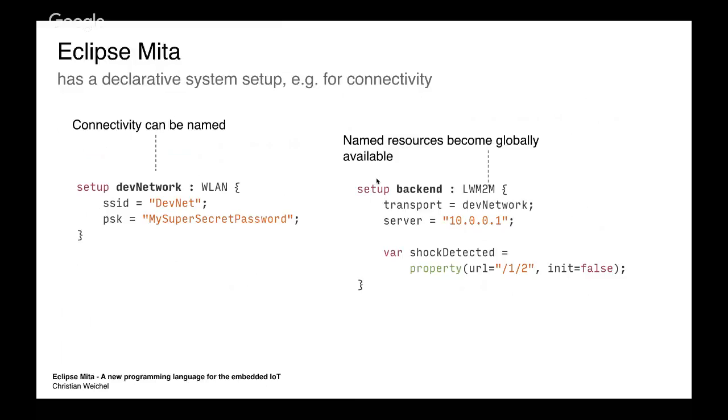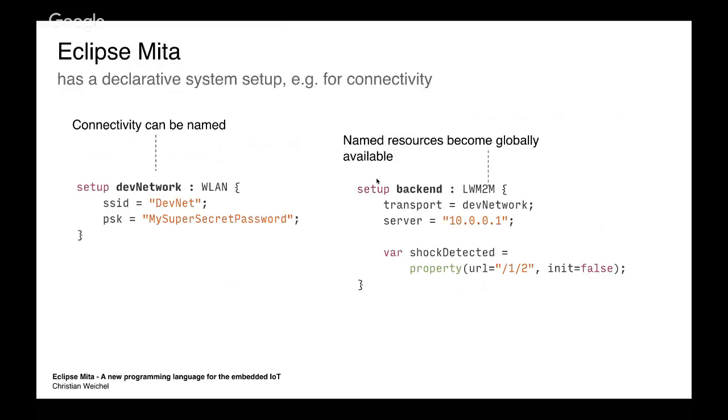And so here we just pass in a reference to the Wi-Fi that we've set up prior. And what Mita will actually do is it will compute the order in which those resources need to be set up based on the dependencies that they have with each other, and initialize them in the right order.